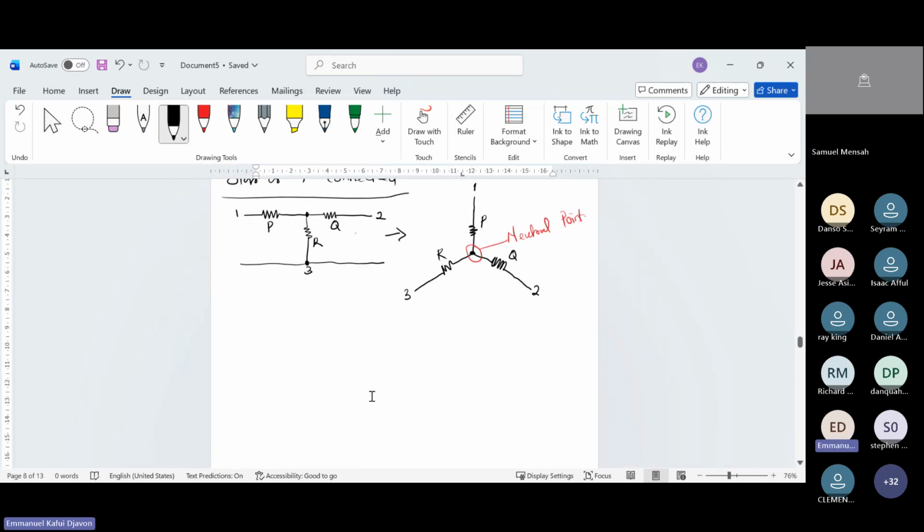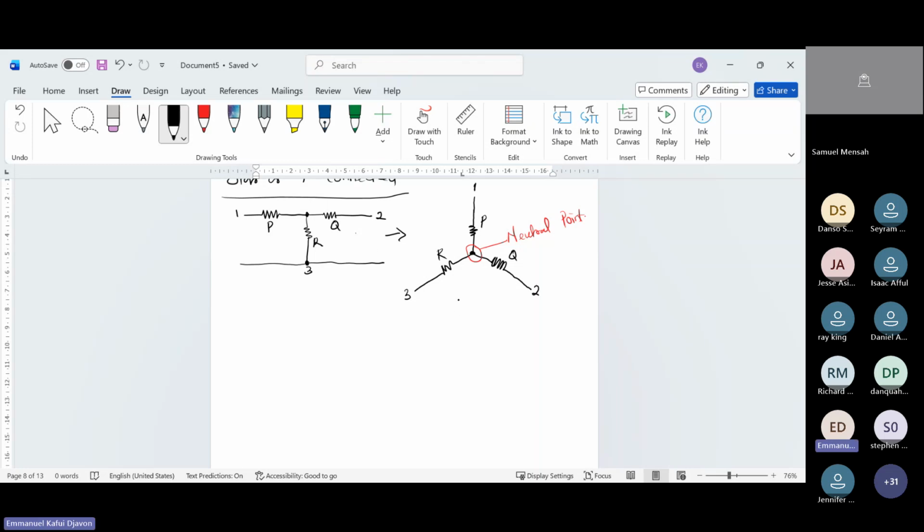So now, we have some formulas to do the transformation. If you have a circuit like this or like this, you should know that this T-connected network can be drawn as this in a star, and this star can also be transformed as this in the T domain.